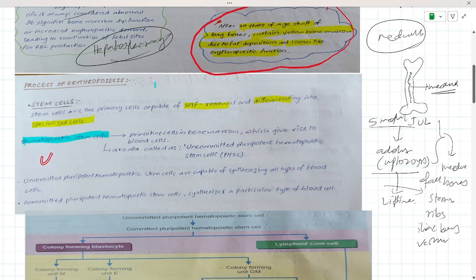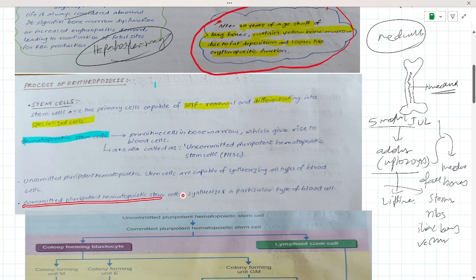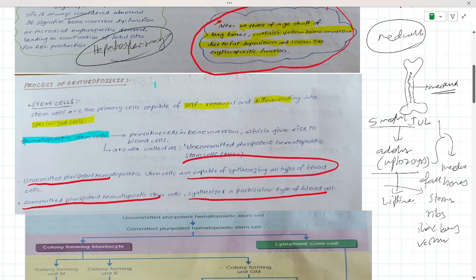Whereas committed pluripotent hematopoietic stem cells are useful for the synthesis of a particular type of blood cells. I hope you are clear with this committed and uncommitted distinction.